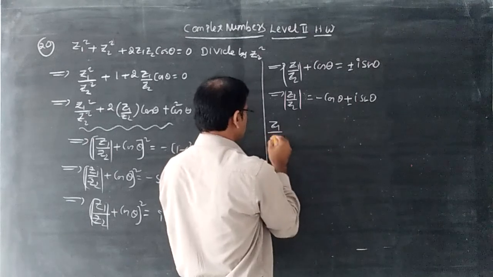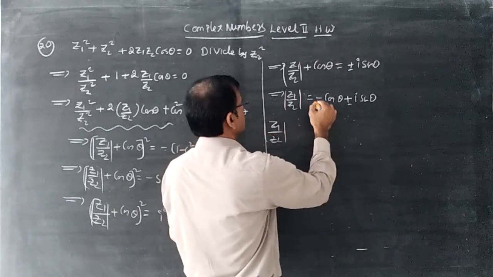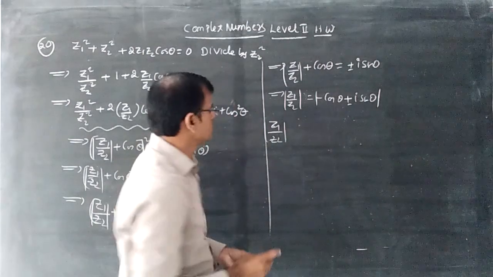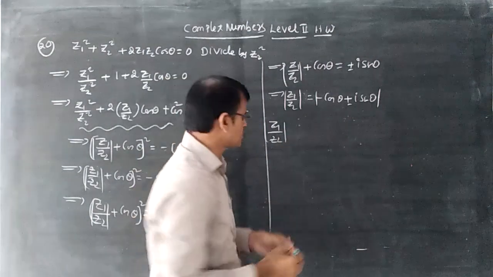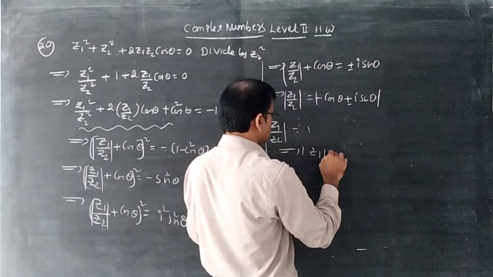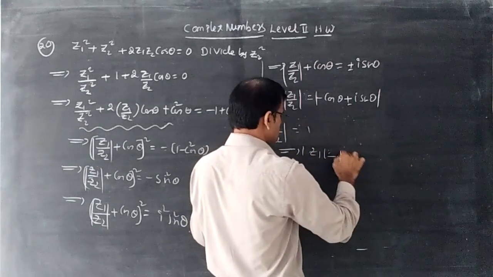Modulus of Z1 by Z2. If you take mod on both sides, cos square plus sin square theta is 1. So we got modulus of Z1 is equal to modulus of Z2.